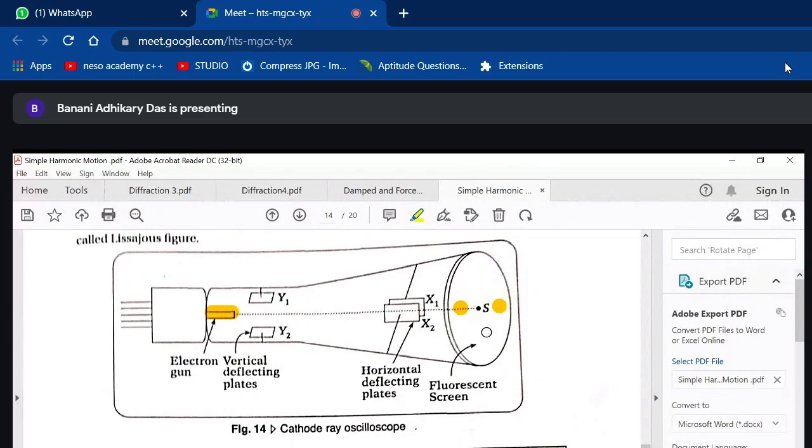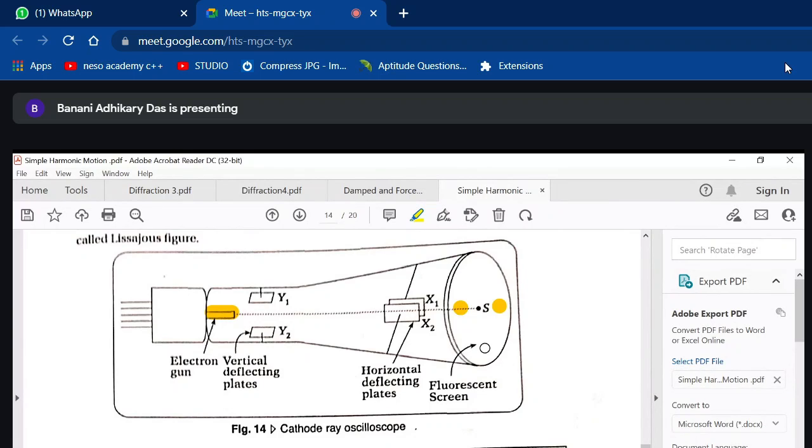So if you only give voltage across Y1 and Y2, you get deflections along the vertical axis. And if you put voltage across X1 and X2, you get deflections along the horizontal axis. Therefore X1 and X2 are called the horizontal deflecting plates, and Y1 and Y2 are called the vertical deflecting plates.